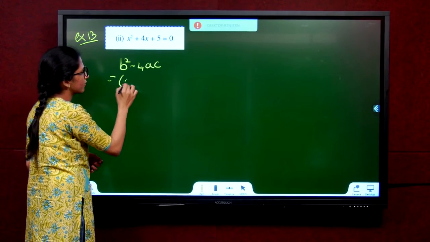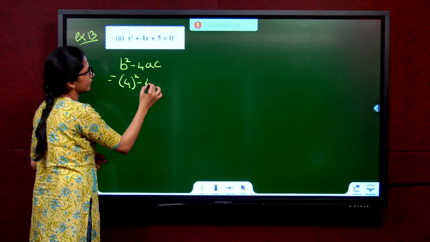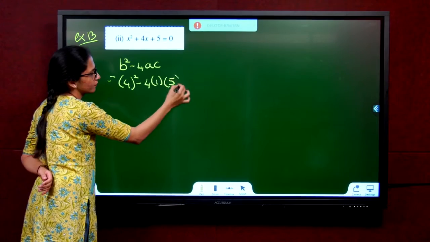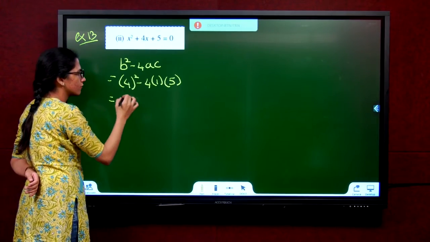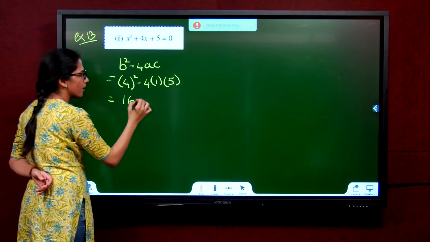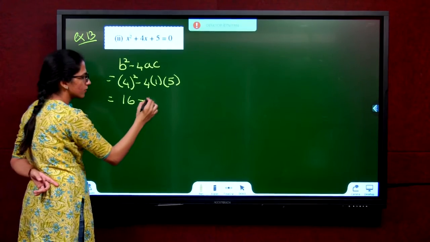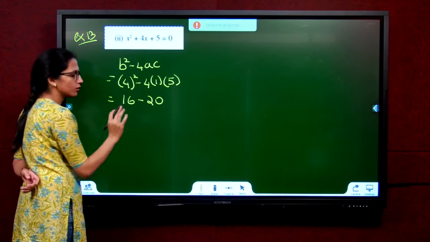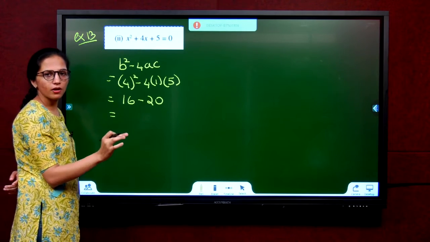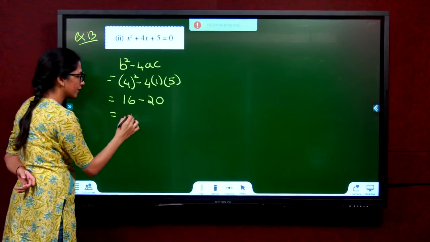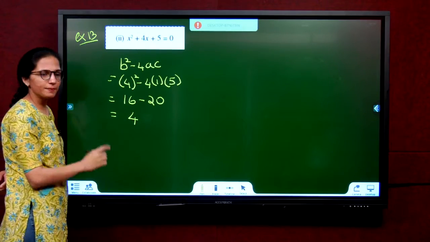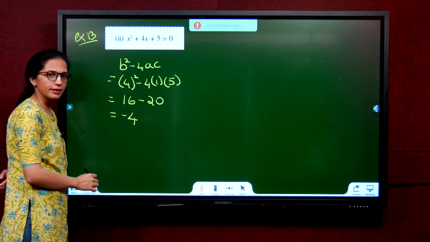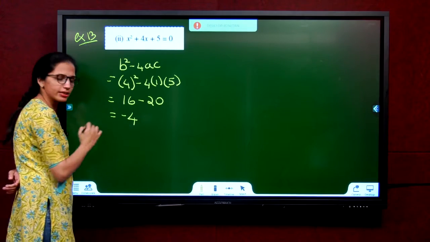So 4² − 4 × 1 × 5. 16 minus 20. Do the normal subtraction, bigger number minus smaller number: 20 minus 16 is 4. Put the sign of the bigger number, which is minus. So b² − 4ac is −4.